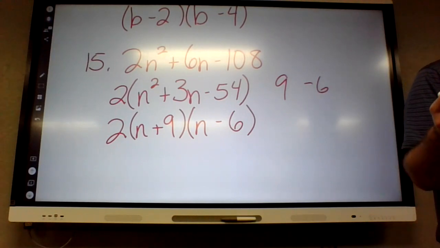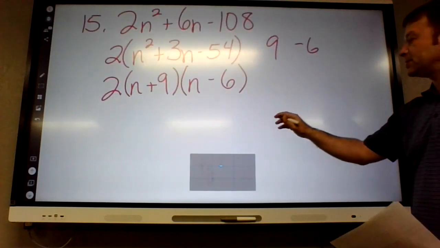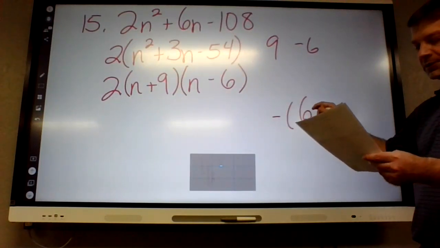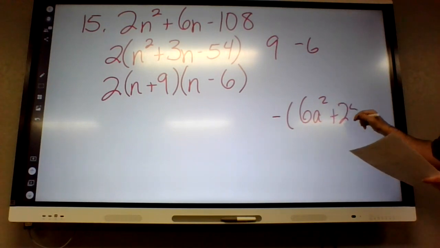On 16, you don't necessarily have to do anything, but it's a lot easier if you take a negative out on 16, like a -1, or you just put it as a negative. Because that will make your a squared term positive, and it just makes factoring a little bit easier.